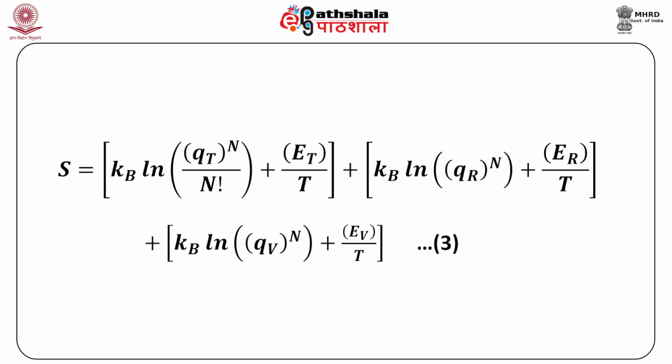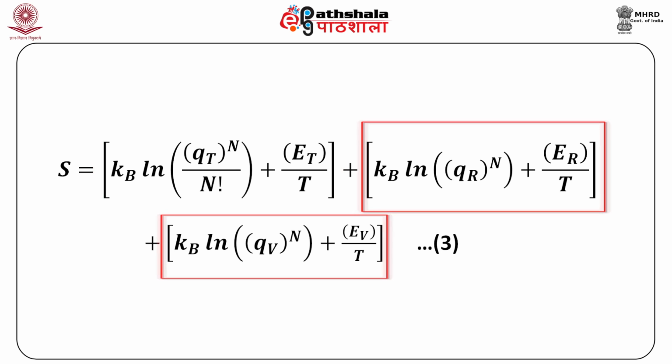Similarly, if you look at equation 3, here is the expression for entropy. The first term on the right hand side, in the parenthesis consisting of two parts, is nothing else but the translational contribution to entropy. If you recall, these two terms taken together also constitute what we derived as the Sackur-Tetrode equation.